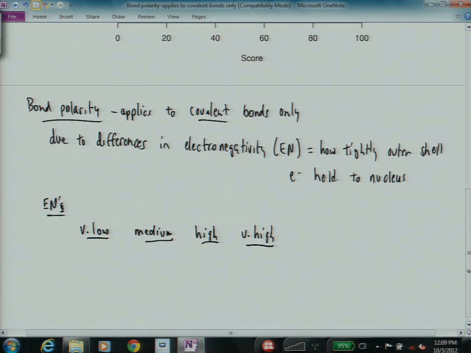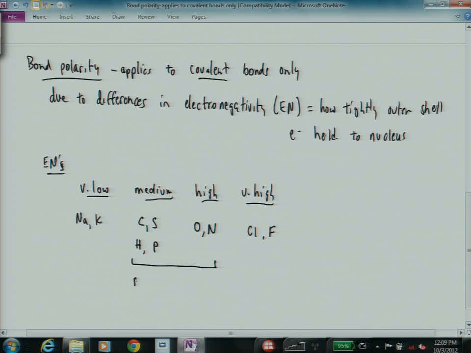Very low are things like sodium and potassium. Things in the middle are carbon, sulfur, hydrogen, phosphorus. Oxygen and nitrogen have high electronegativity, and things like chlorine and fluorine have very high electronegativity. For the most part, this is relevant to Bio 111.